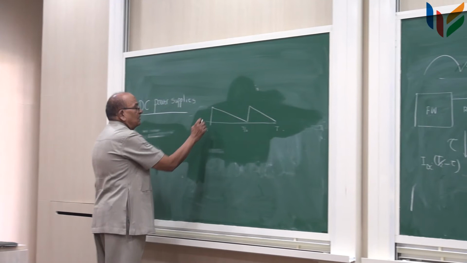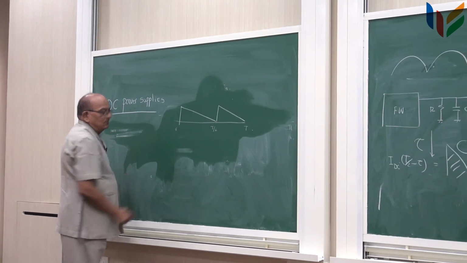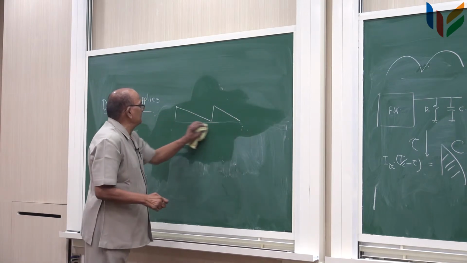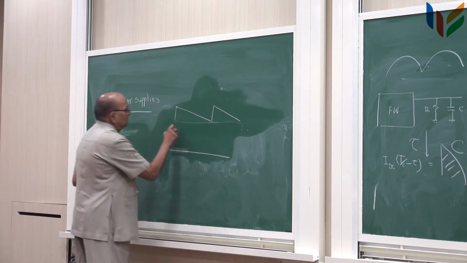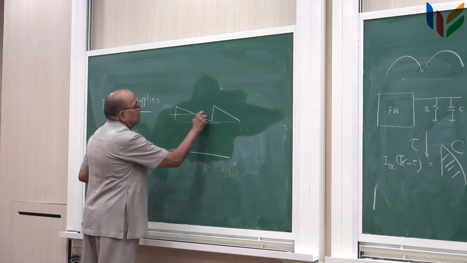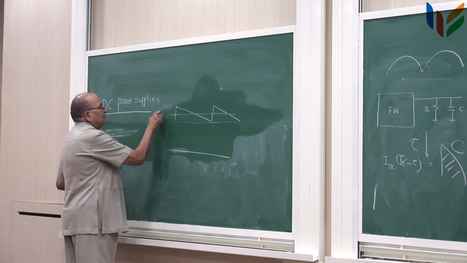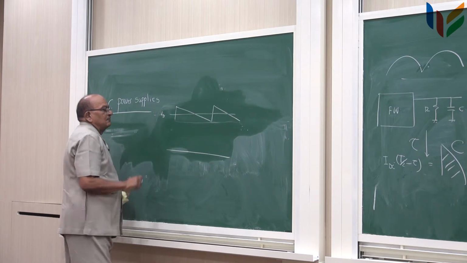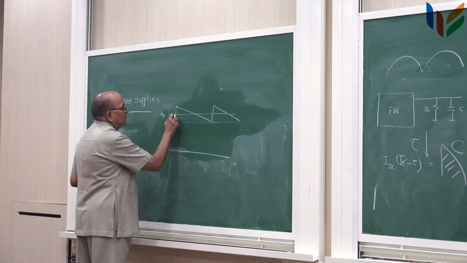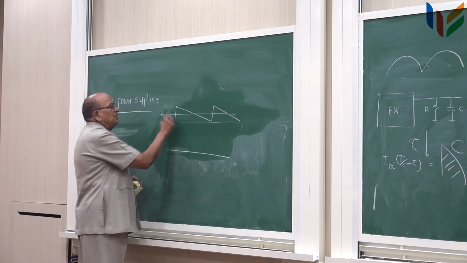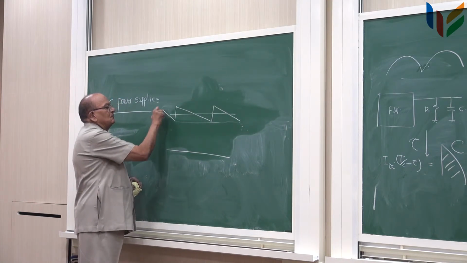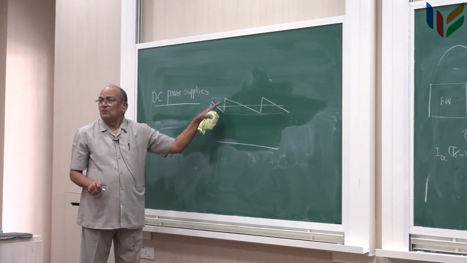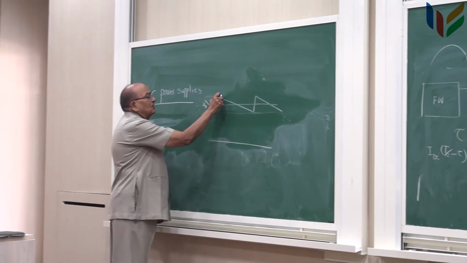And over the VDC, there is a variation of some value equal to ER.